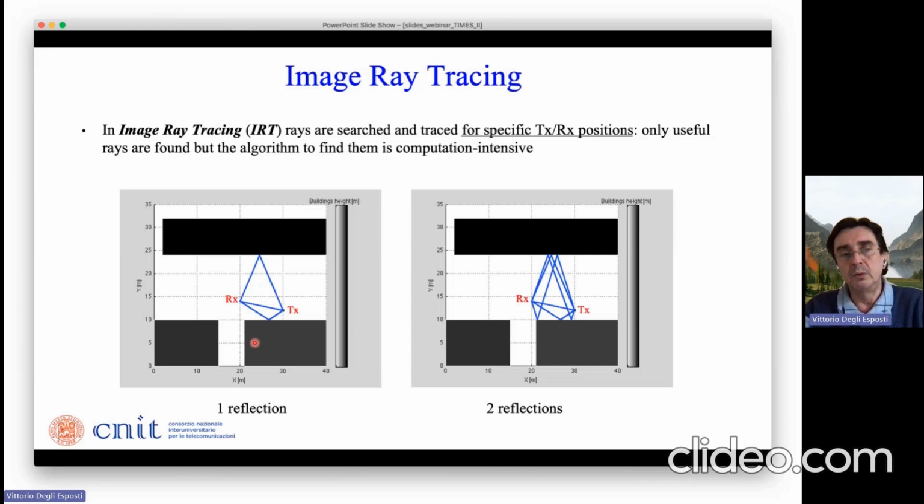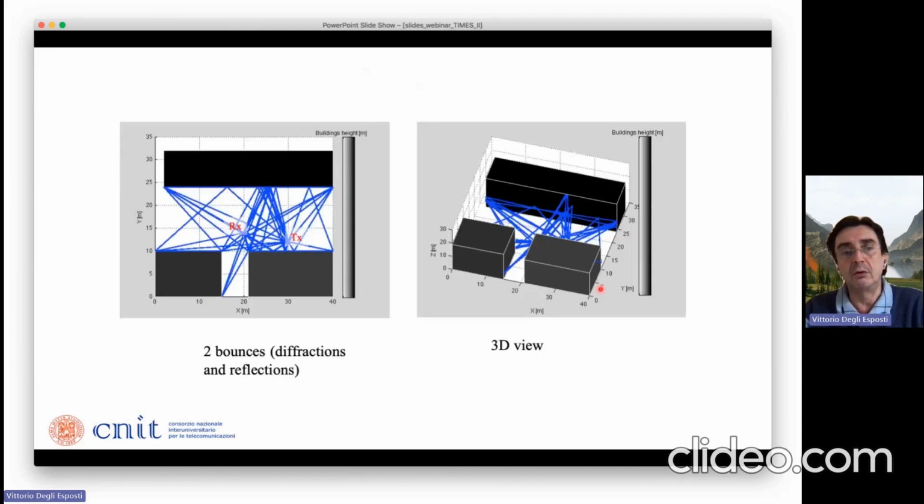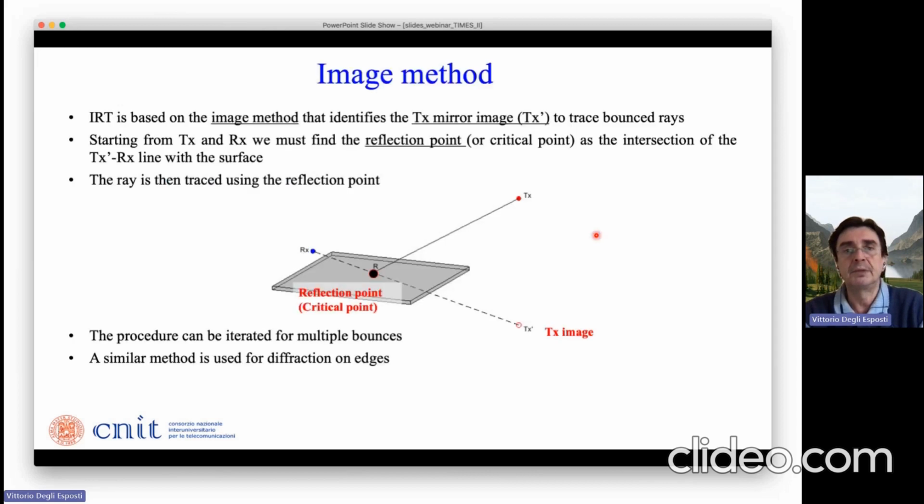For example, rays with one reflection, two reflections, or two bounces, including reflection and diffraction, in this typical environment are shown in these pictures. As you can see, the number of rays can become very large as the number of bounces considered increases. In order to find the rays, the image method is applied.